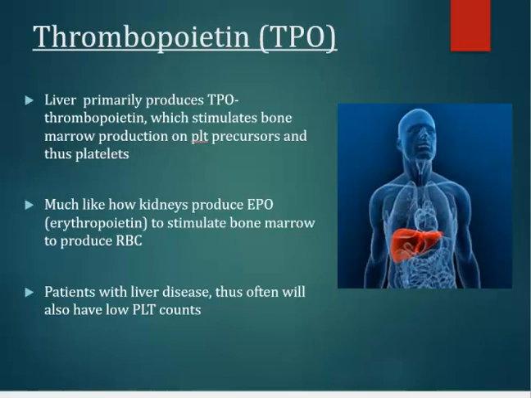Much like our kidneys produce erythropoietin, or EPO, to stimulate our bone marrow to produce red blood cells, our liver produces TPO to tell our bone marrow to make platelets. So patients with liver disease often have low platelets because their liver is not producing TPO.